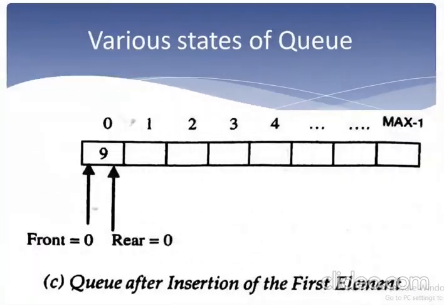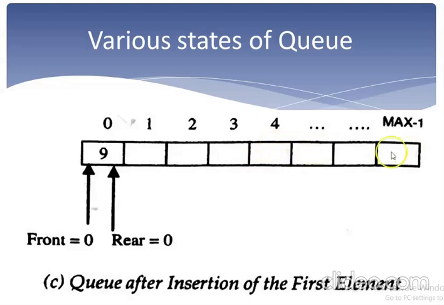When both front and rear were pointing to the same location, it was having only one element when front is 0 and rear is 0. This state can appear or happen anywhere in this list. If front and rear point to this location, say 4, then there will be only one element in the list.